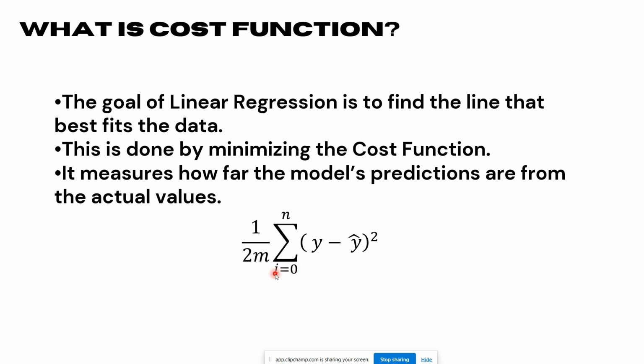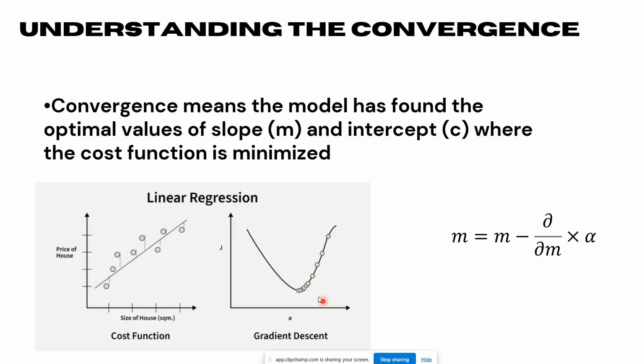So our goal is to find as low a cost function, as little error as possible. And here, if you take this value at multiple m, you will get a structure like this. So this is called gradient descent, and here this point is called the global minima.